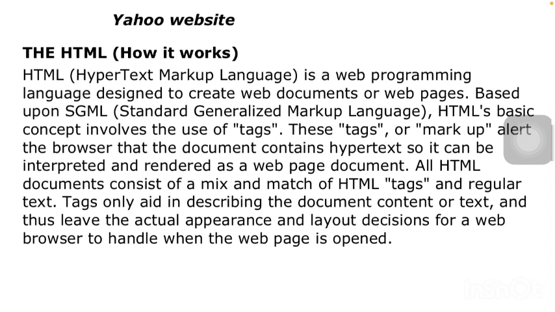Okay, I've shown you an example of a tag when I showed you the paragraph tag. You have an open angle bracket, the P, then a close angle bracket. Tags only aid in describing the document's content or text. Like the paragraph text tag will tell the browser this text is a new paragraph.